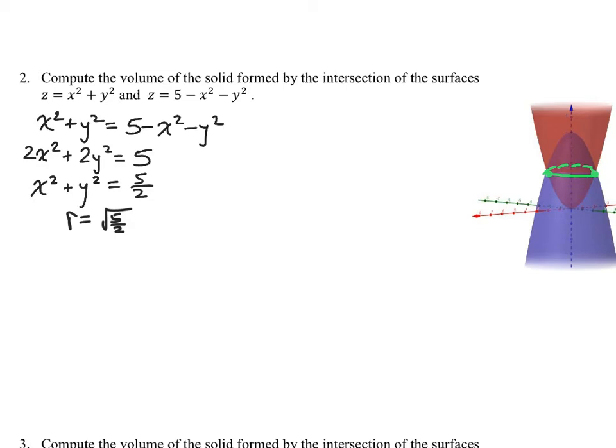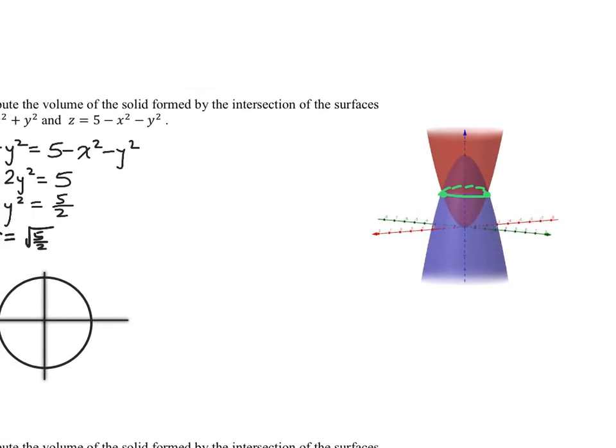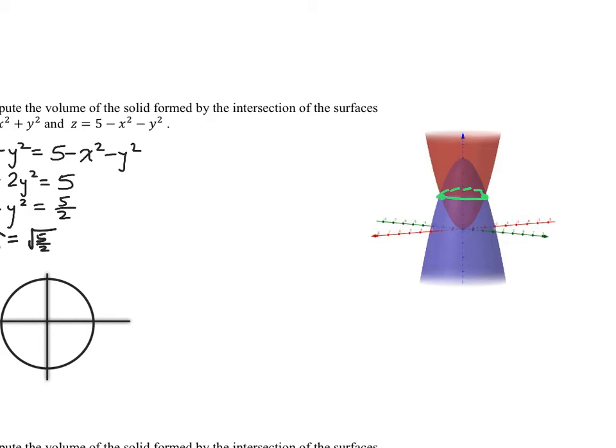Our theta value, if I did an xy trace of this, just based off of the diagram there, no matter where I draw my circle, whether down here, or up here, or down here, it's still going to be a circle.